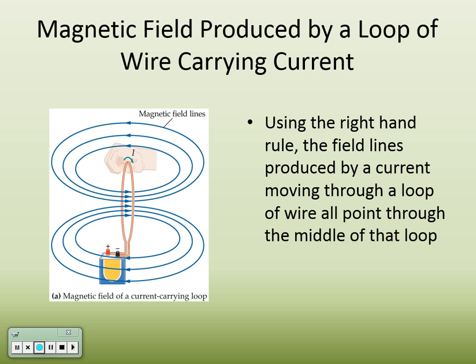So when the wire is bent into a loop, the field lines produced by the current all point in the same direction, through the middle of the loop.